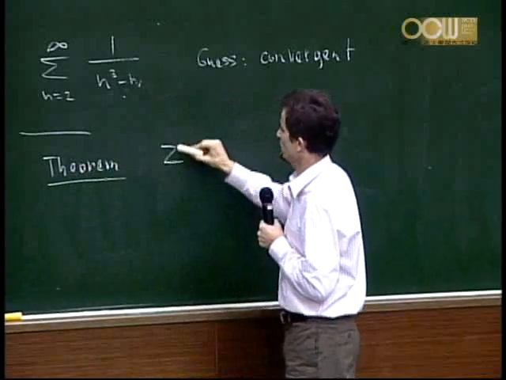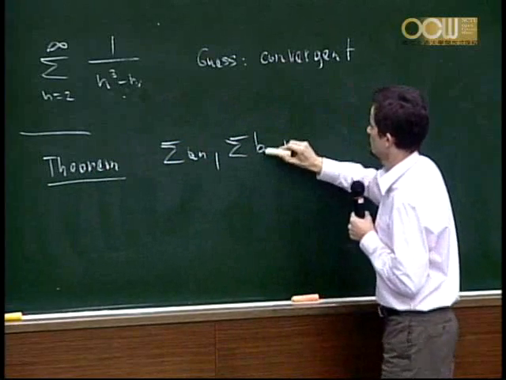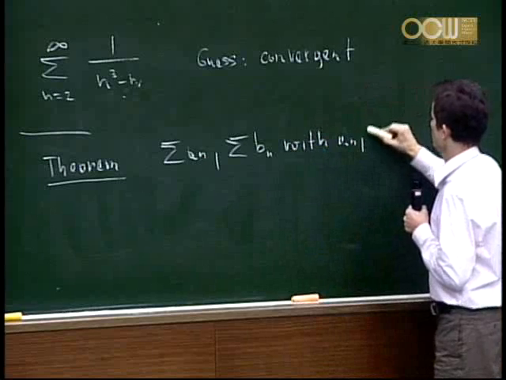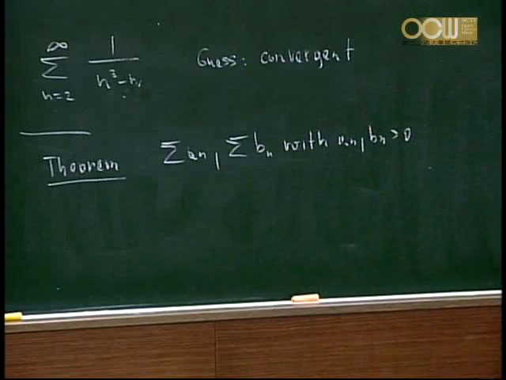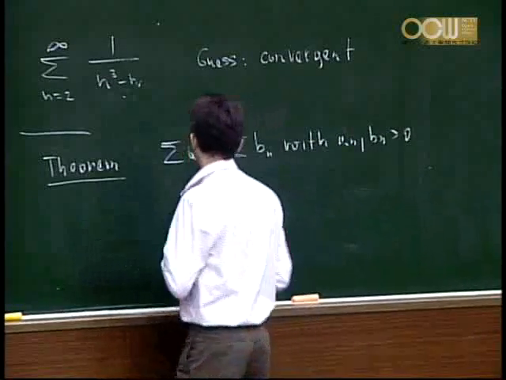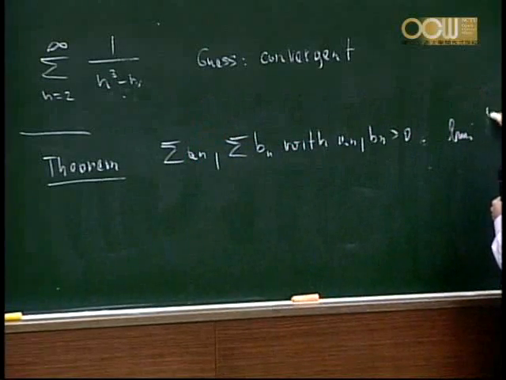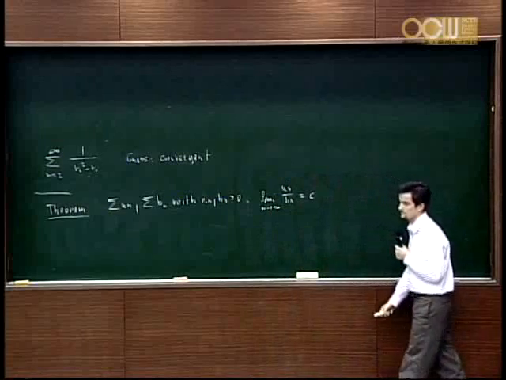Again, if you have two series, the series over a_n and the series over b_n, with a_n, b_n both larger than 0, and we assume again that the limit of a_n over b_n as n tends to infinity equals c.